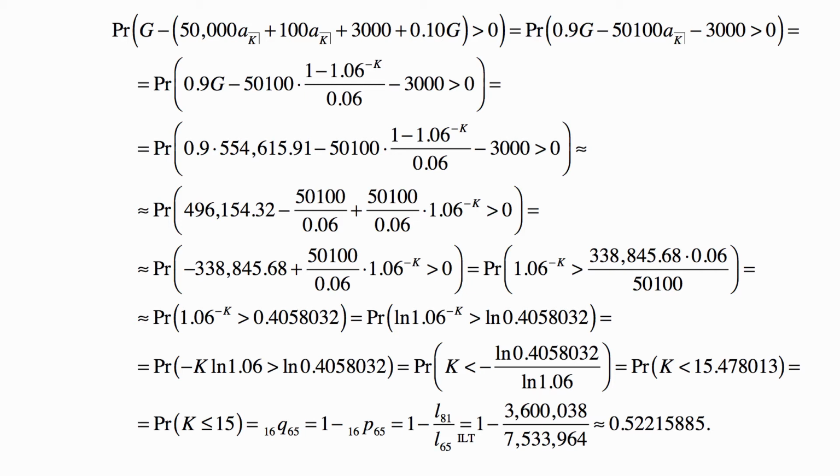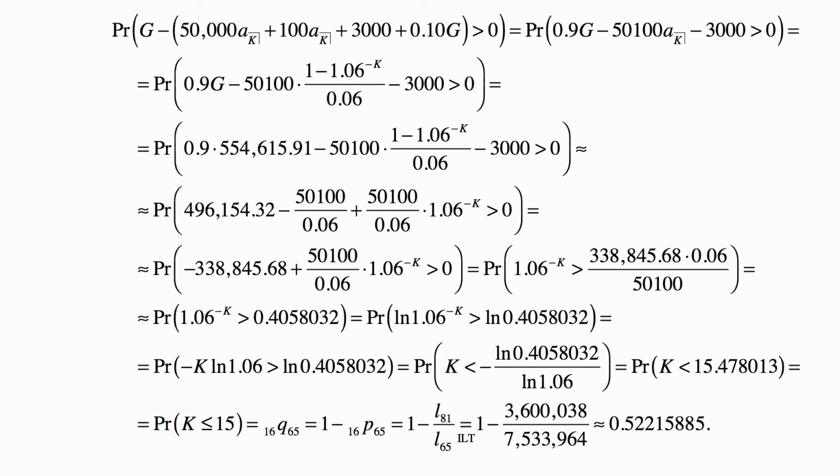Because the natural logarithm of, say, a to the power b is just b times the natural logarithm of a, the natural logarithm of 1.06 to the minus k is equal to minus k times the natural logarithm of 1.06. And so we get the inequality that we want the probability of this inequality being true, where it's minus k times the natural logarithm of 1.06 being greater than the natural logarithm of 0.4058032.